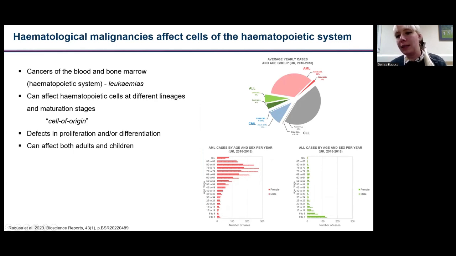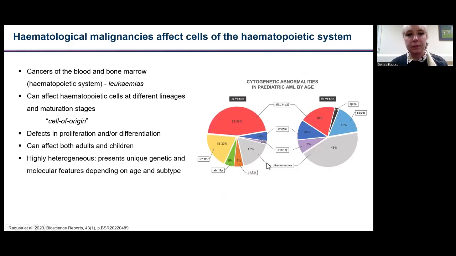Whereas acute lymphoblastic leukemia, so from the lymphoid lineage, seems to be prevalent in the very early childhood, and then doesn't really come back in later life. What is interesting about leukemias is that there are a lot of different genetic and molecular features, and there is a lot of difference between subtypes affecting different ages.